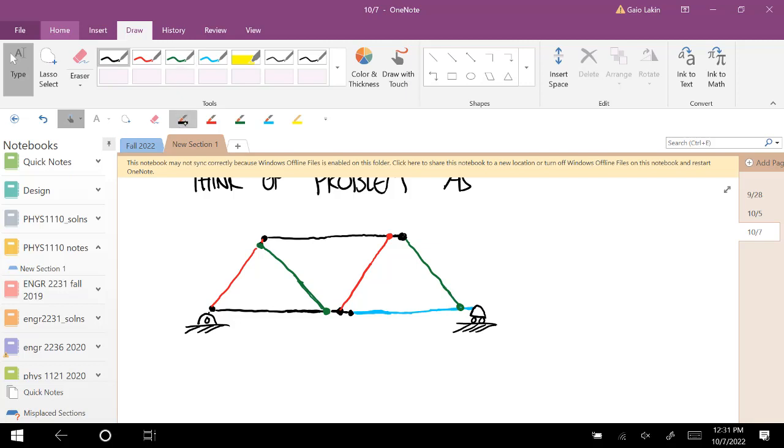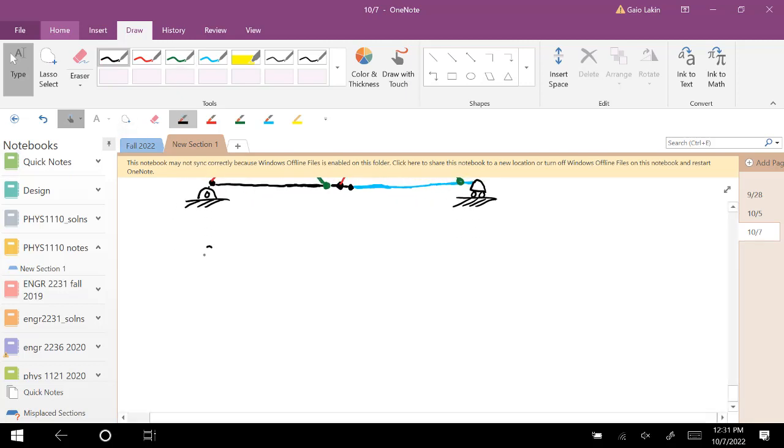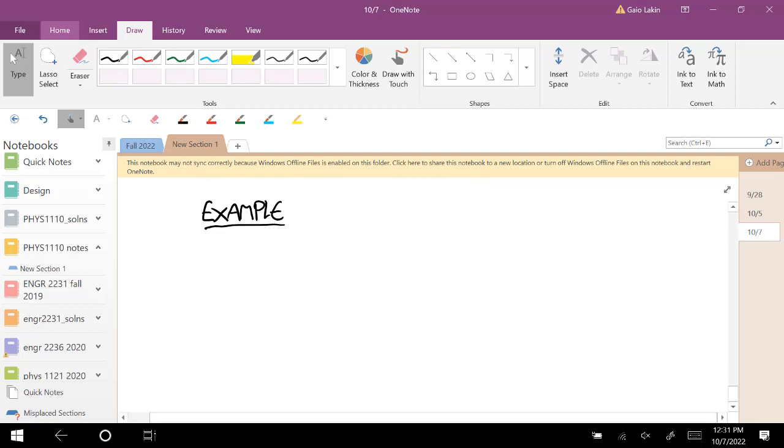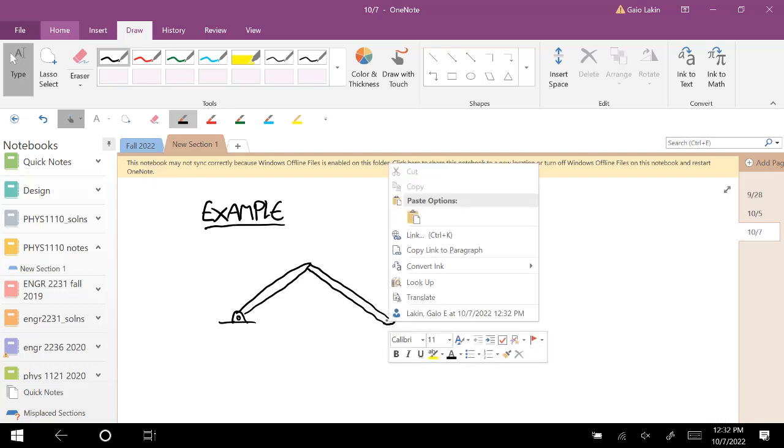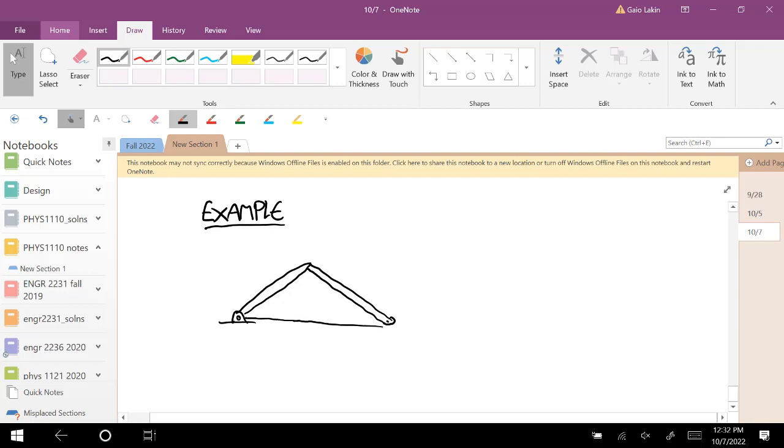Okay, let's do a problem. Let's say, I know it doesn't look like it, but let's say these are both 20 degrees.